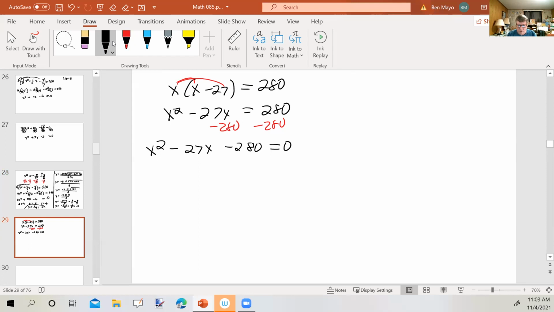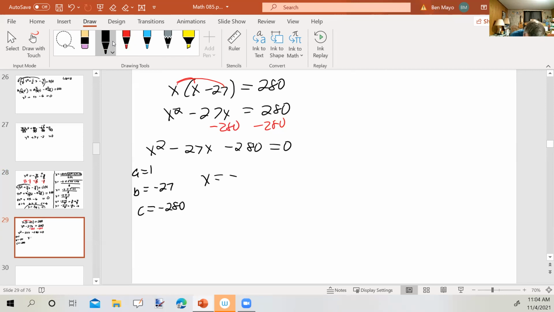My leading coefficient is a +1. There's no decimals, there's no fractions, there's nothing I can divide out to make it smaller. So A is 1, B is -27, and C is -280.